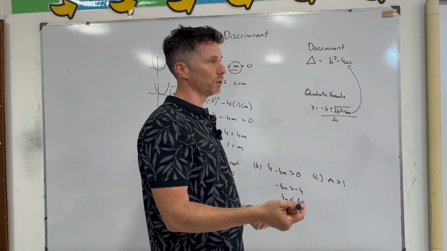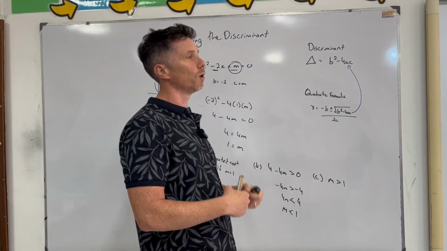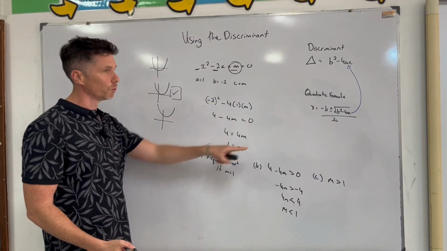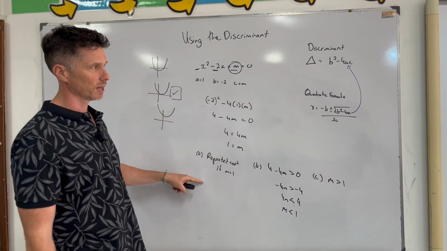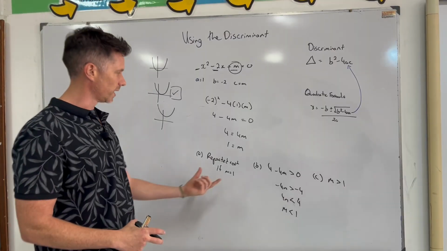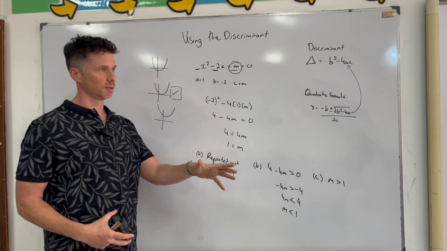You can easily find one value that makes the discriminant positive and one that makes it negative, but we want all the values. That's why we find the balance point first and then work off that, even if they don't ask it in that order. So let the discriminant equal 0 first, and then work off that.